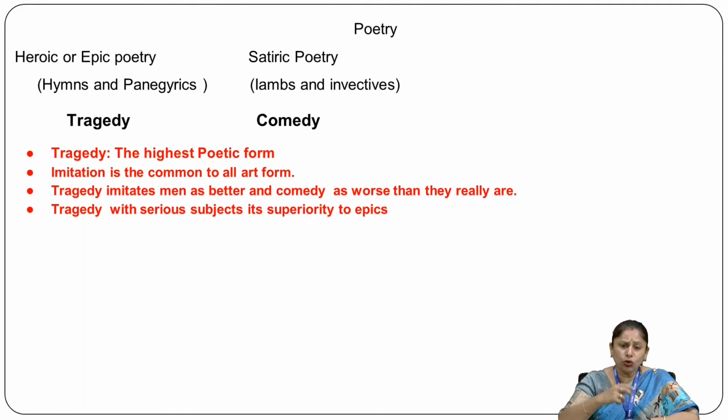Otherwise we can study comedy more in the forthcoming chapters on Dryden, and on other dramatists and writers who mentioned and criticized comedy, like John Dryden, whom we are going to study in the forthcoming block.